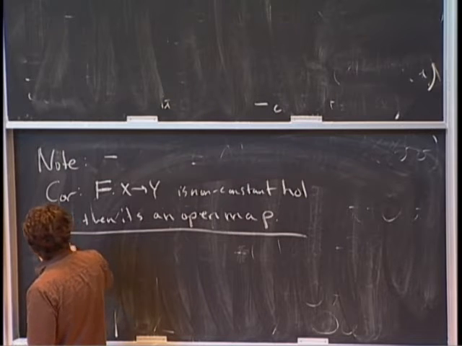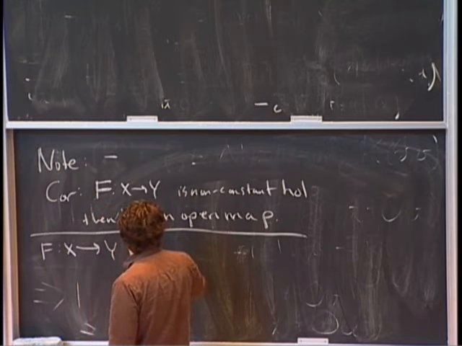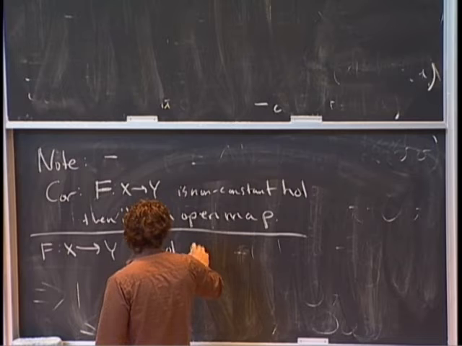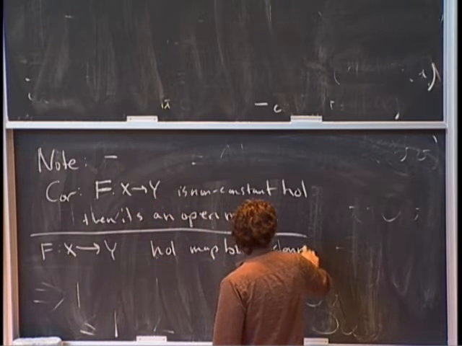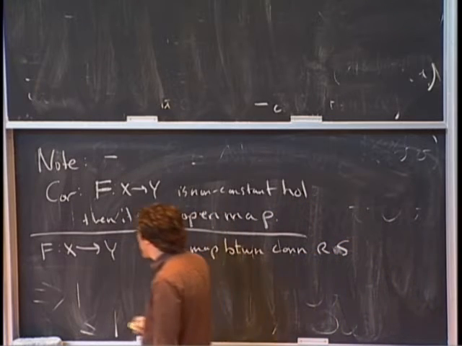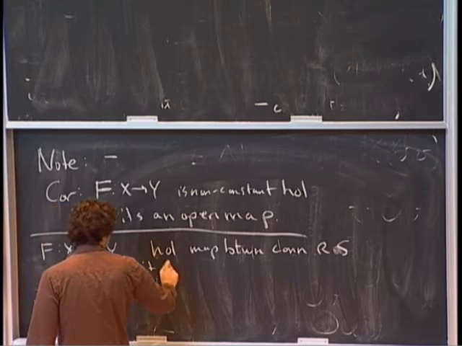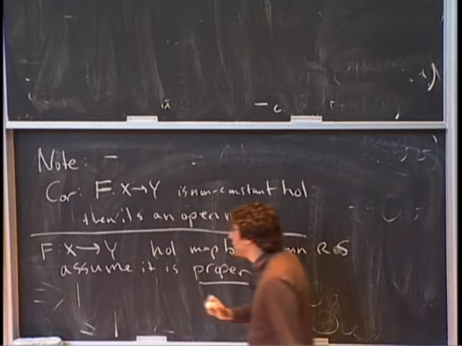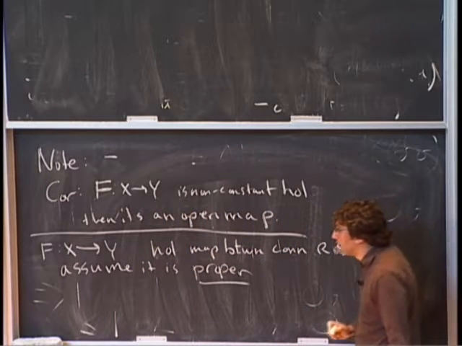From now on, we're going to have these maps between connected Riemann surfaces, f, as before, a holomorphic map. But we're going to assume it's also proper. That just means that the inverse image of a compact set is compact.